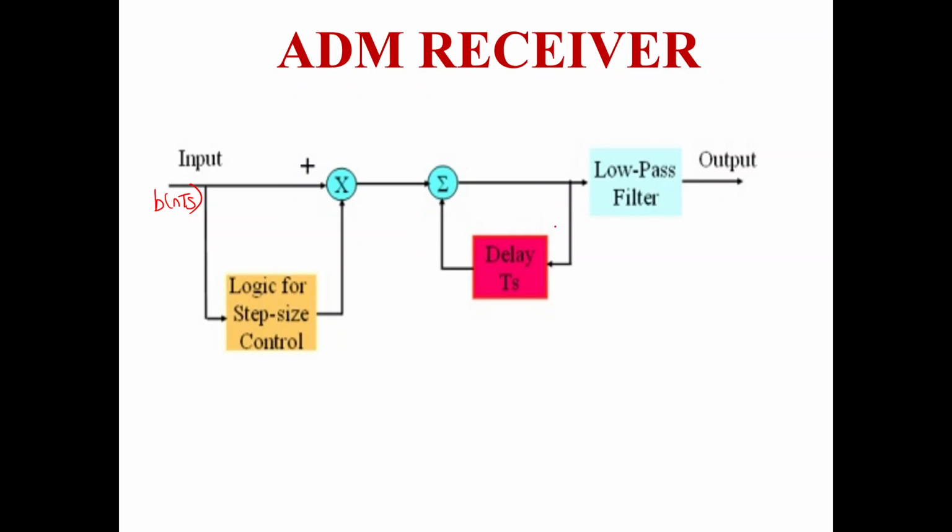It is given to an accumulator block. This is your accumulator block. It builds the staircase waveform based on the present input and the previous input. Finally, it is given to a low pass filter. The low pass filter smoothens the staircase waveform and hence it reconstructs the signal.